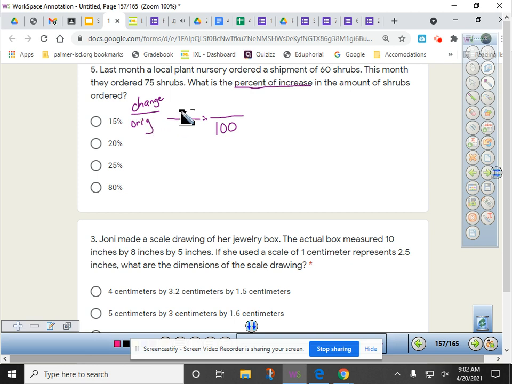Talk. Guys, just because I got on to you for not doing your work doesn't mean I don't want you to talk. Talk to me. Change over what? Original. What is the original amount of shrubs? 60. What is the change, the difference? How'd you get 15? Subtract it. Change over original. If you do not have this written, now is the time to write it down.